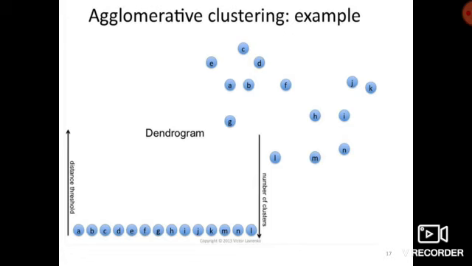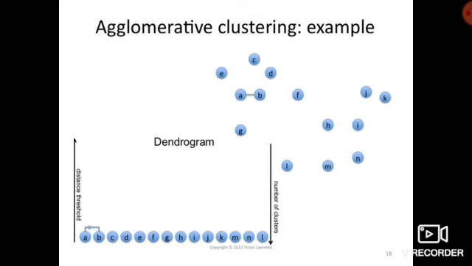On the right side of the diagram, we want to see the relationship between distance threshold and number of clusters. Whatever distance we set, we will get that number of clusters, and finally we get a diagram like a dendrogram. Now let us start with the example.